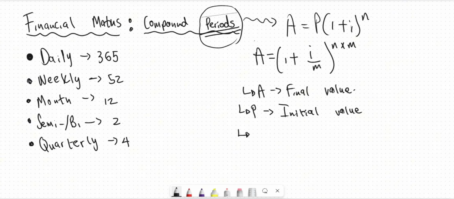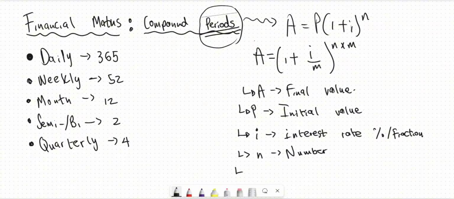The I is your interest rate, and remember it has to be either a percentage or a fraction, or you can even put it as a decimal, but you can't just write 10 for 10%. You have to write 0.1 for 10%. And lastly, the N is the number of years.